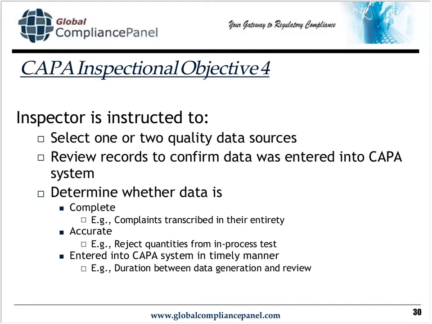Usually it's monthly or quarterly, I've been involved in those 2 CAPA review types of situations. Never had an FDA inspector tell me that that's not timely enough. I would imagine, though, if you only enter things into your CAPA system for your executive management review, that might be something that the FDA inspector would have an issue with.